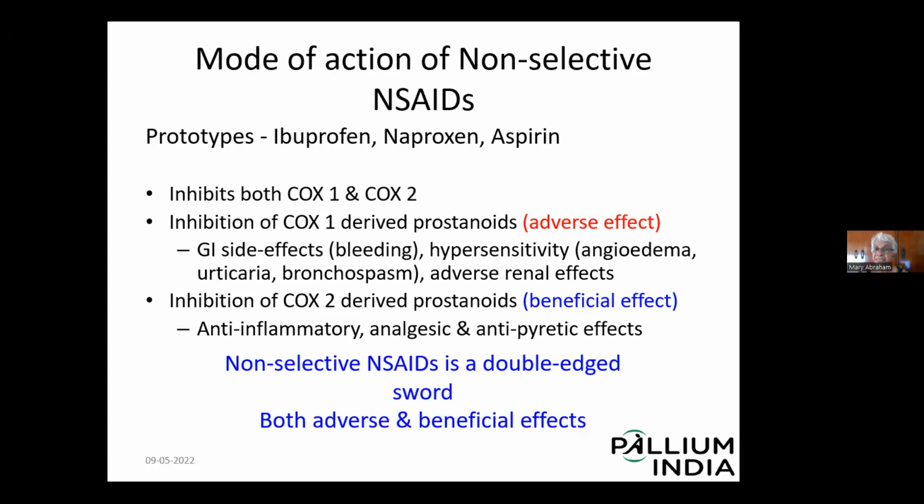It's causing hypersensitivity reactions like urticaria, bronchospasm, angioedema, or even has adverse renal effects. But by inhibiting COX-2 and preventing the effect of the inflammatory mediators, it's exerting its anti-inflammatory, analgesic, and antipyretic effect. So non-selective NSAIDs are a double-edged sword with both adverse and beneficial effects.